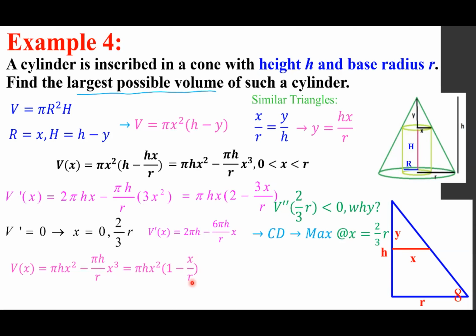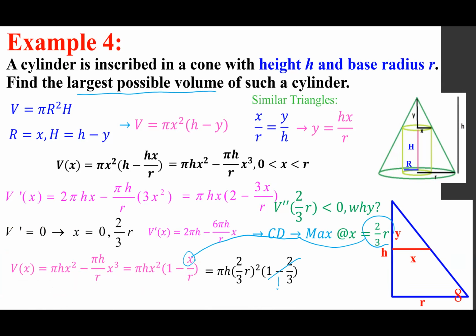So 2/3 r divided by r becomes 2/3. So 1 minus 2/3. Please understand, when we plug in 2/3 r instead of x, the r cancels out. And 1 minus 2/3 is 1/3.